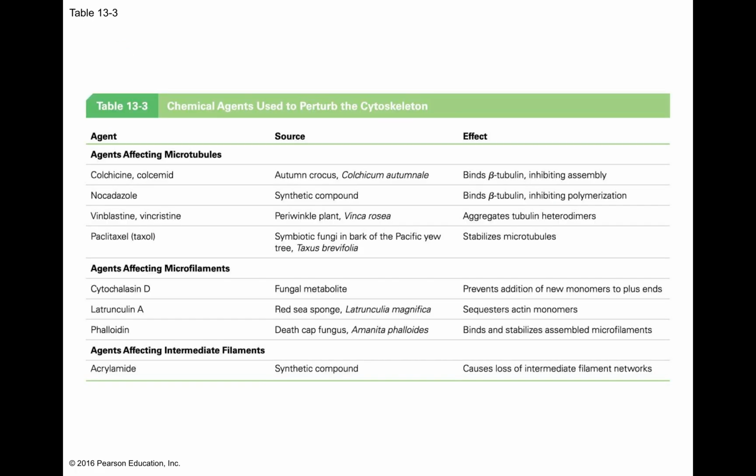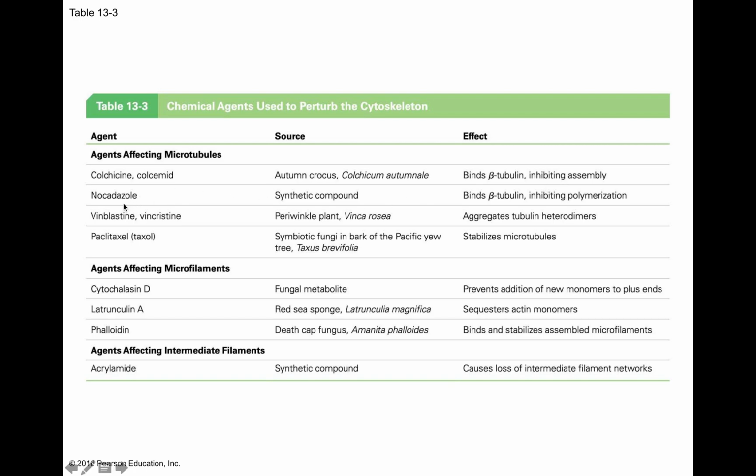There are common drugs that are used in cell culture, actually also in medicine, that affect microtubules. There is a drug that comes from a plant, the autumn crocus, called colchicine, and it inhibits microtubules from forming.